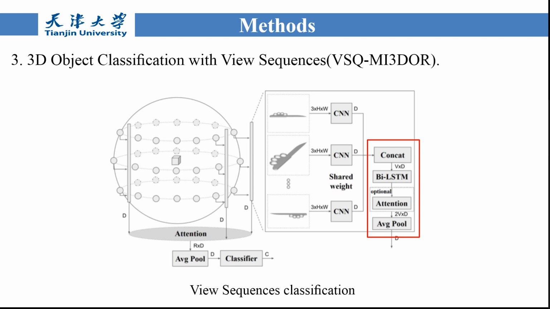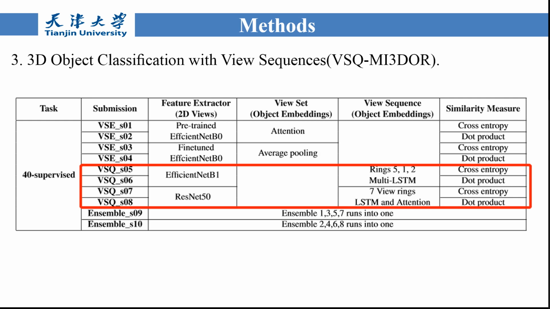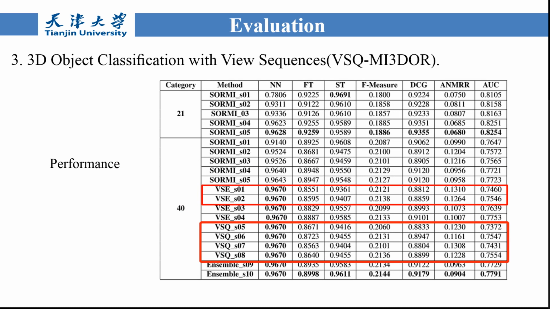Then the sequences are averaged to generate the final representation. The table shows the different structures by using different feature extraction models, view sequences, and strategies of similarity measure. This is the performance.